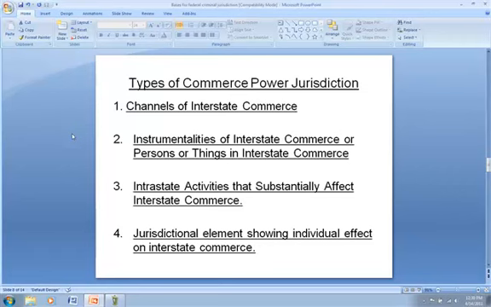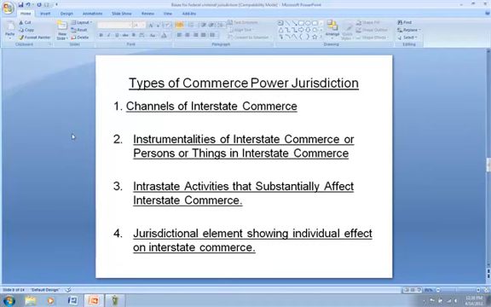I've got a list of types of commerce power jurisdiction up here on the PowerPoint slide for you. The first one is, the court has said, Congress can make a law that relates to the channels of interstate commerce. By channels, we mean roads, rivers, railroads, any of the things that people use to cross state lines. Also, category 2, Congress can regulate instrumentalities of interstate commerce or persons or things in interstate commerce.